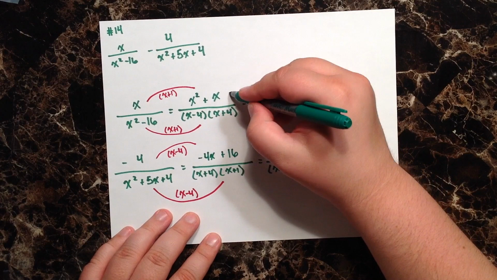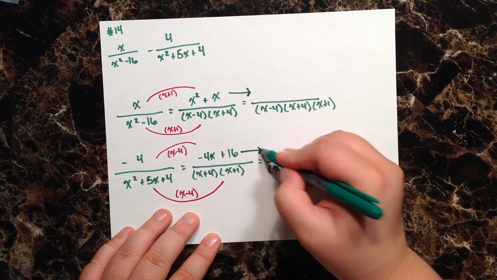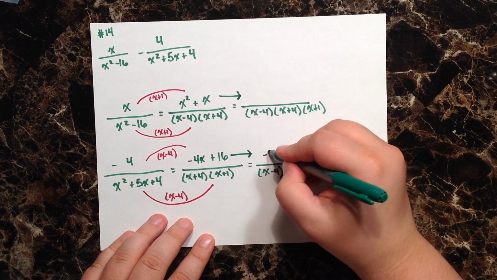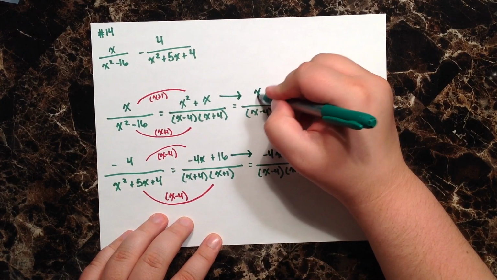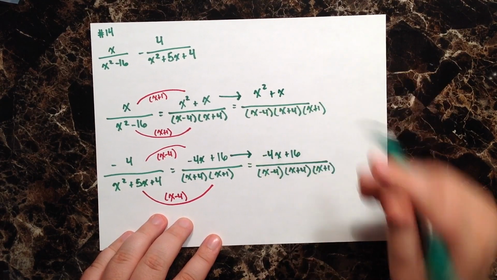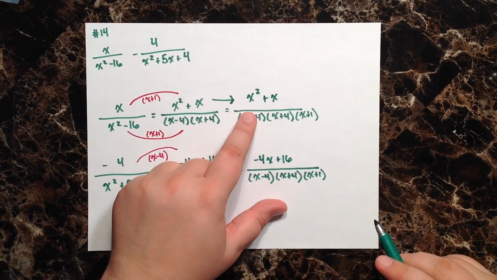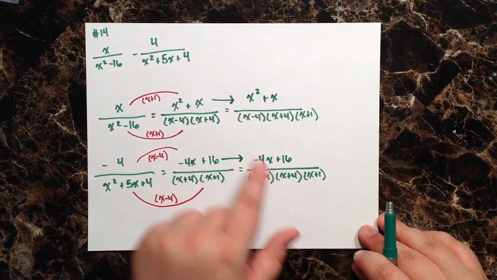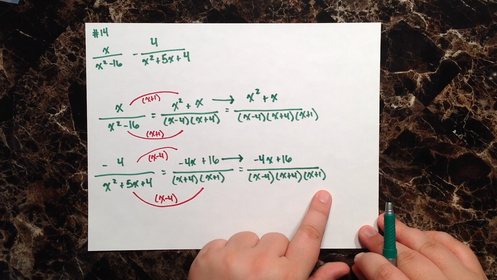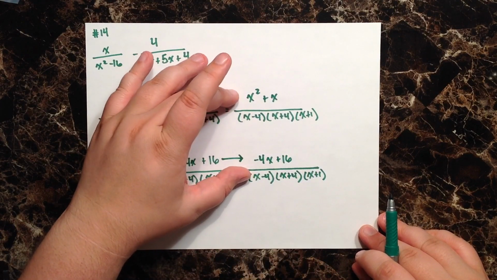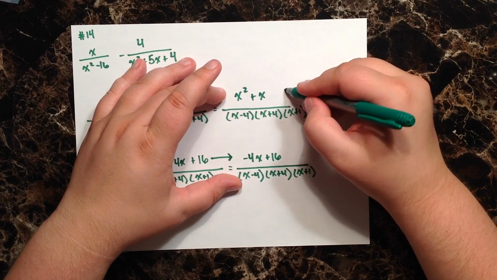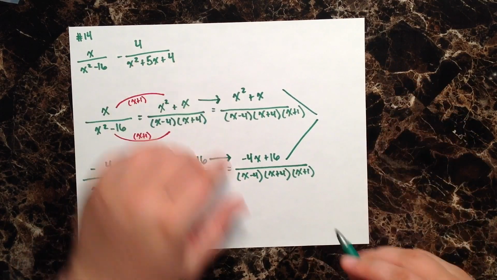Then I move my numerators over. Now that I have a common denominator, meaning the factors for my denominator are all the same, I can combine my numerators.